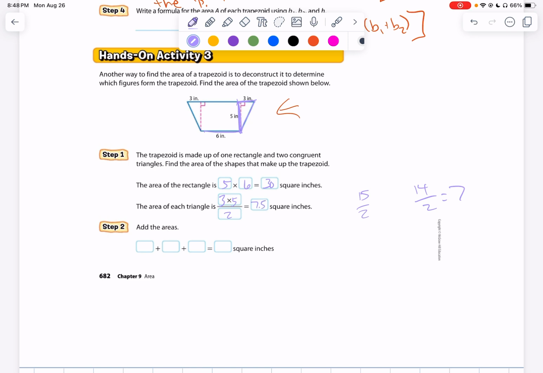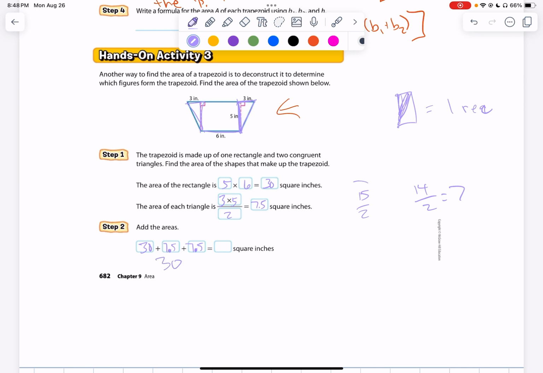I don't know why they divided that by 2, because these two triangles are clearly congruent. We could have just done 3 times 5, because this rectangle plus this triangle plus this triangle is one rectangle, right? But they did that. Okay, so 7.5. So we have 30 plus 7.5 plus 7.5.